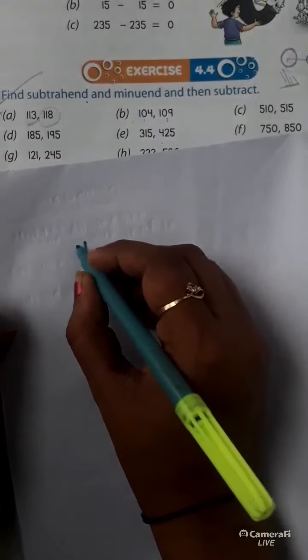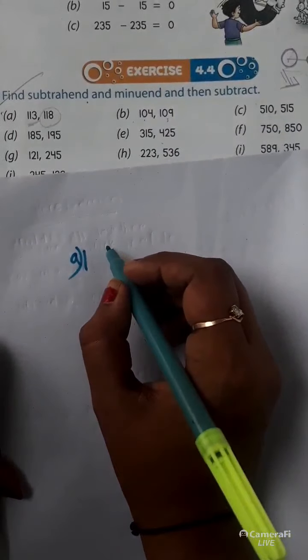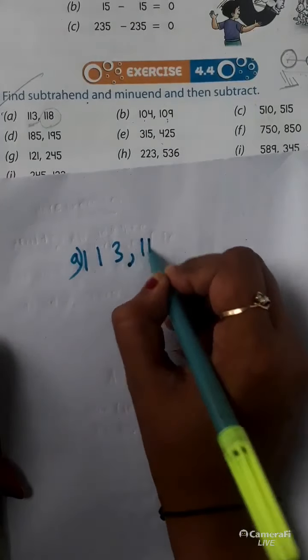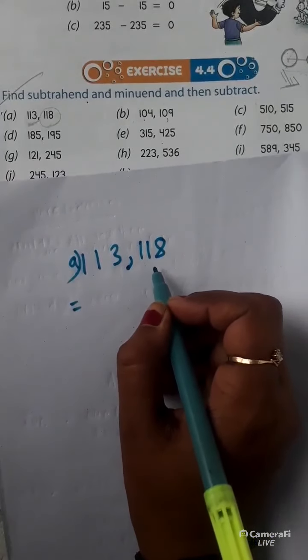So question number A is what? Find the subtrahend and minuend then subtract. 113, 118. So as I told you children, which one is bigger? Tell me.